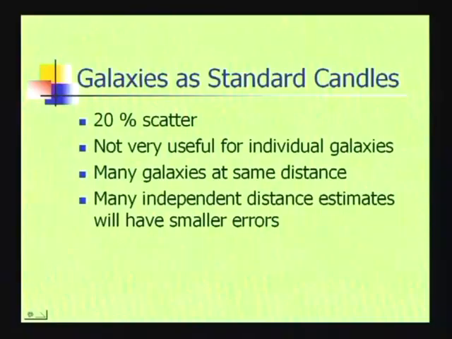If you have many independent estimates, the error goes down. That is an important fact. If I have many independent estimates, each of them has some error, then if I combine all of them to get one single estimate, the error goes down as root of n. That is a point we shall come to later. So, this is what is done.